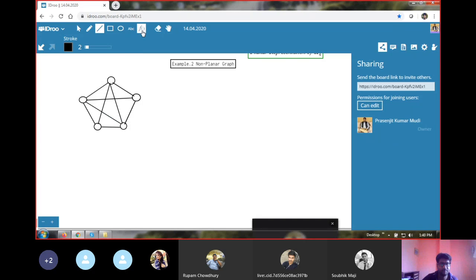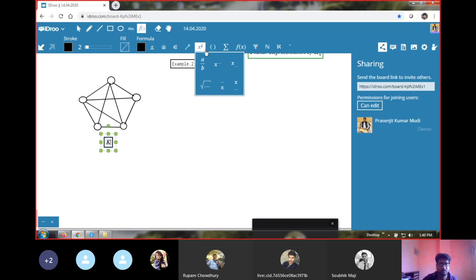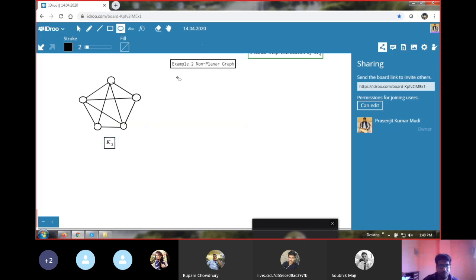Okay, so this is a K5 graph, and we can show that this is not a planar graph. Let's try to construct its planar representation.